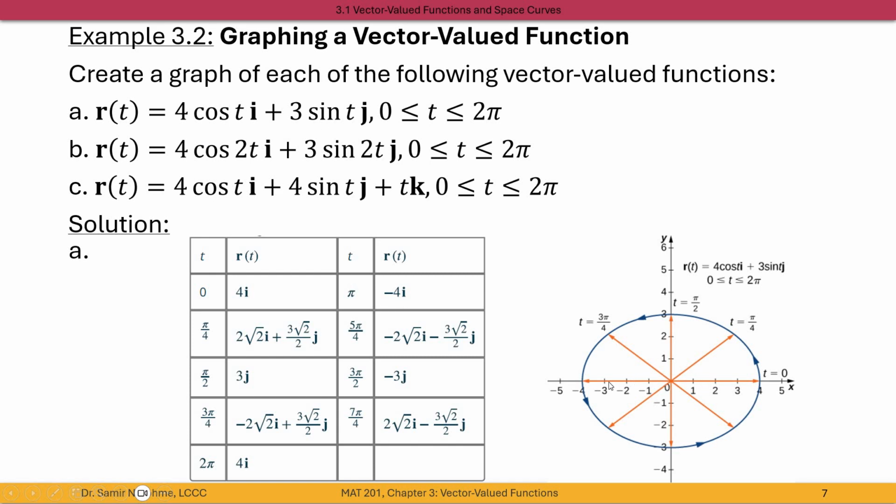So at the angle of pi, which is going in the negative direction of the x-axis, we place again the vector at the initial point, and we count 4 units to the left because the magnitude is 4. So 1, 2, 3, and 4. This is our vector for t equal to pi.